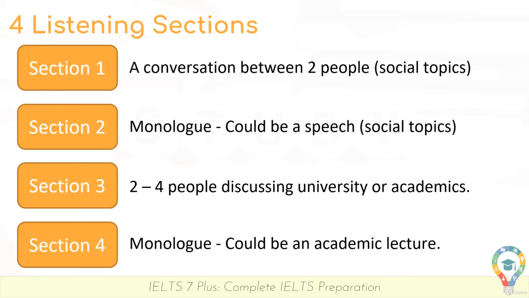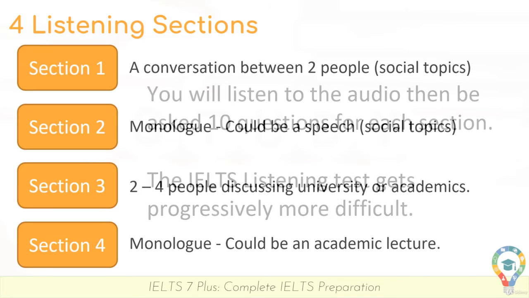As I was saying previously in this lesson, the IELTS listening test aims to assess your social and academic listening skills. And you can clearly see section 1 and 2 are social topics, whereas section 3 and 4 are more academic. Now let's look at some other overview points for the listening sections.